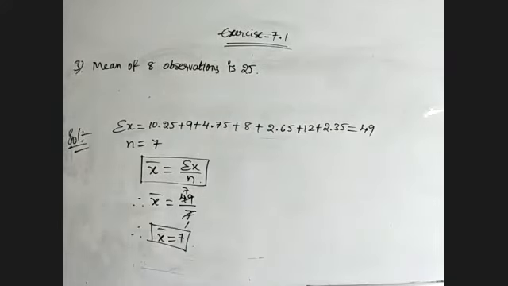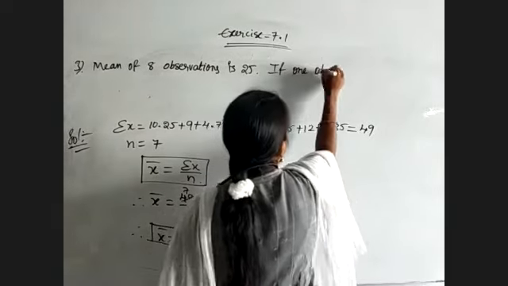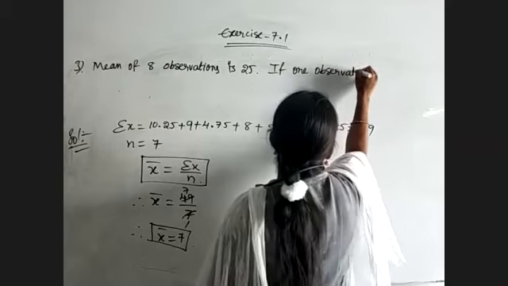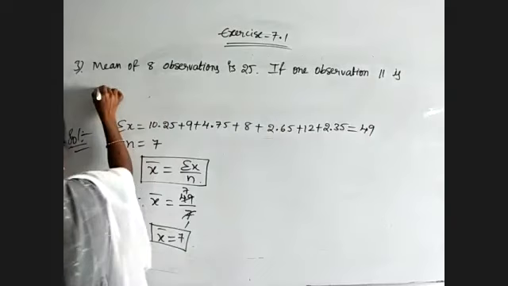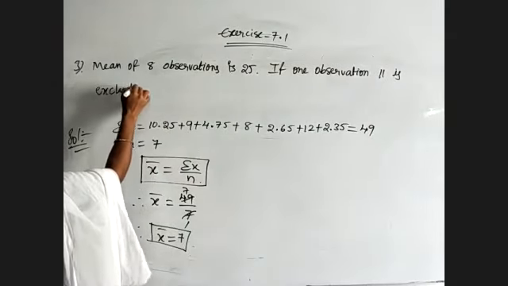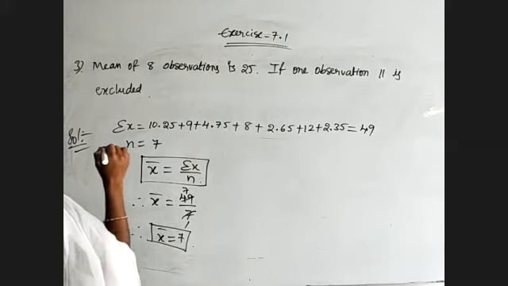If one observation, 11, is excluded, find the mean of the remaining.